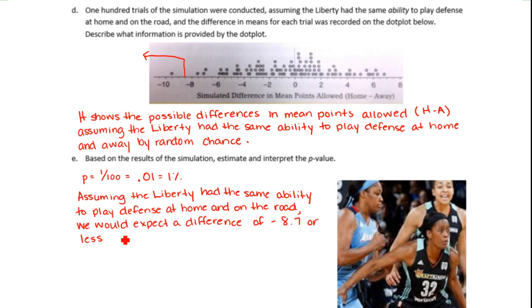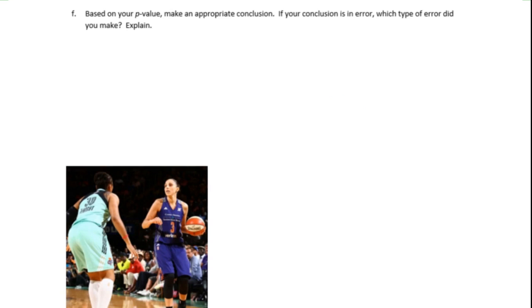Based on your p-value, make an appropriate conclusion.